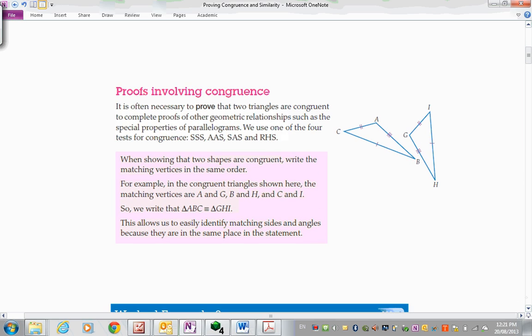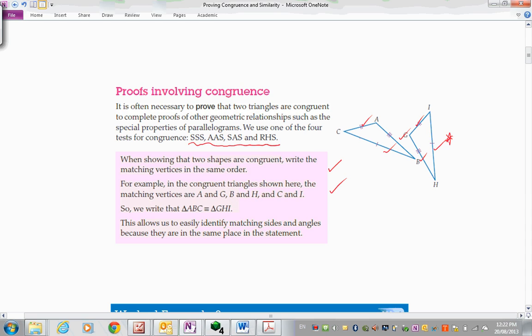So here are some guidelines, if you like, for proving that two triangles like these are congruent. So what are we going to do? We write the matching vertices in the same order once we have established one of these four conditions holding. So what we would do is list them all down, what's equal to each other, and state the triangles in order, matching up the vertices.